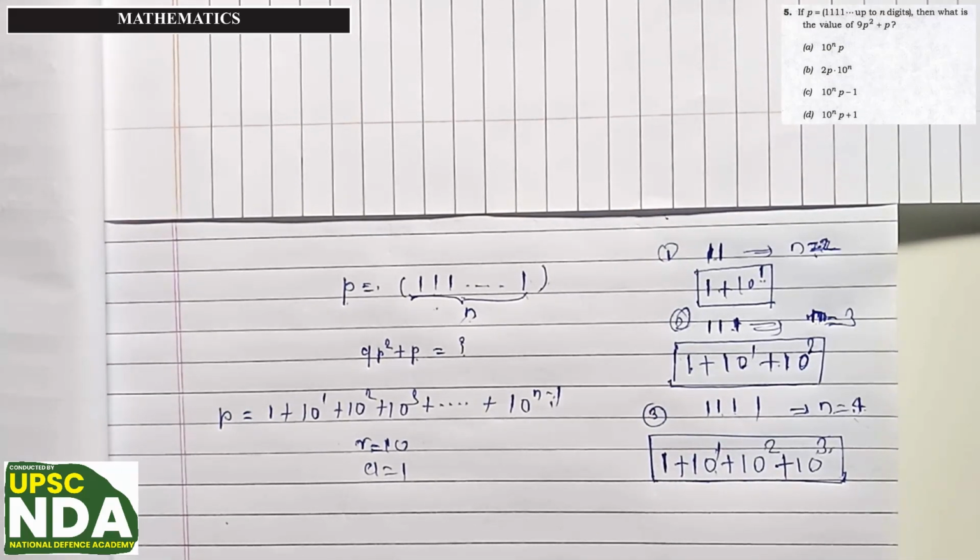For finding the sum of n terms in a geometric progression a plus ar plus ar square and so on till ar raised to n minus 1, we write a into r raised to n minus 1 upon r minus 1.